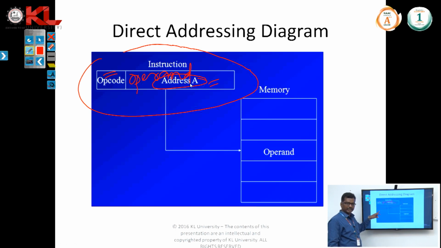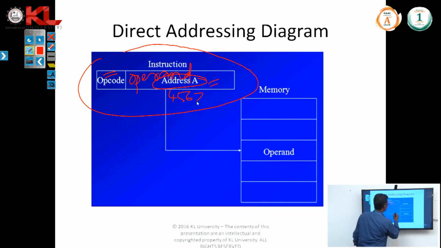But now in direct addressing mode, the operand is not available in the address field. Instead, the address of that operand is available. That means the address of the memory location where that operand is present is given. For example, let us say 4567 is the address of this memory location of the operand.